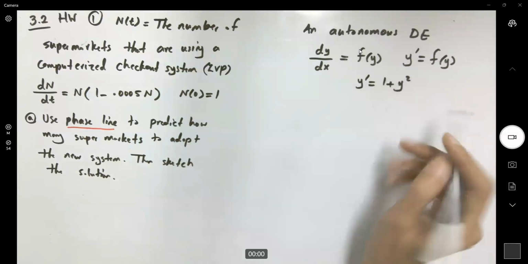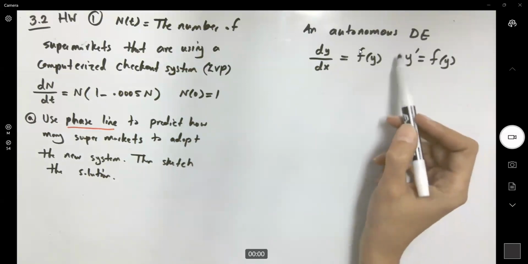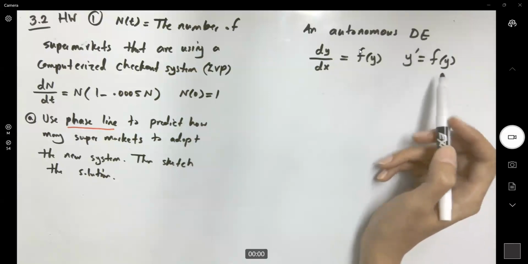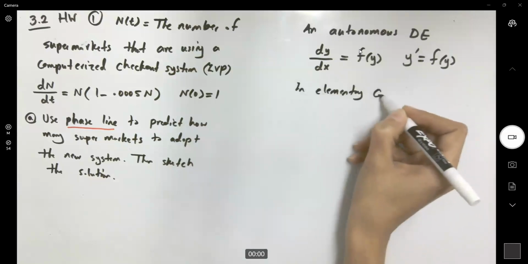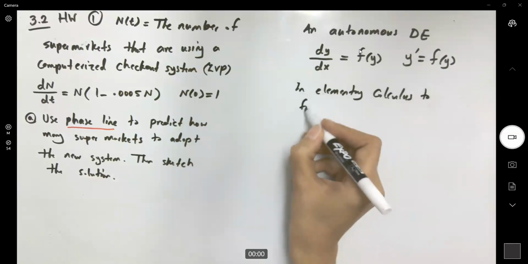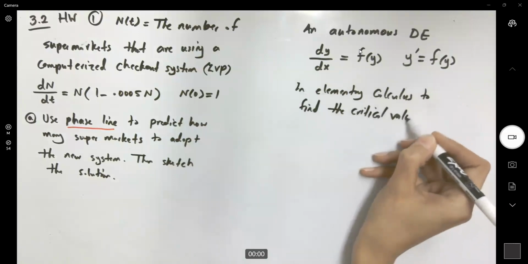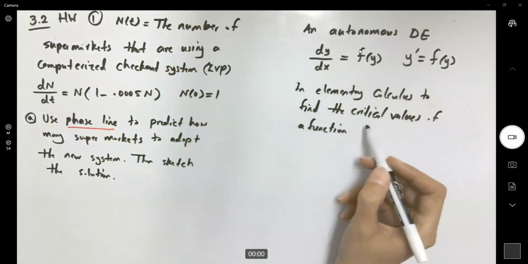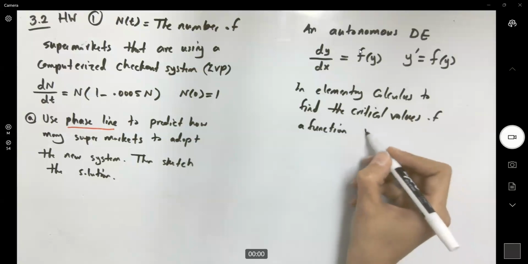When you have an autonomous differential equation, you can set the rate of change equal to 0 and find the critical points. Remember that in elementary calculus, when we are interested in finding the minimum or the maximum of a function, we take the derivative of the function and set it equal to 0.